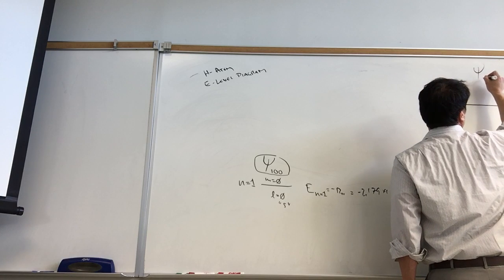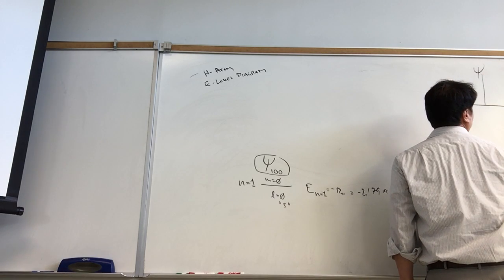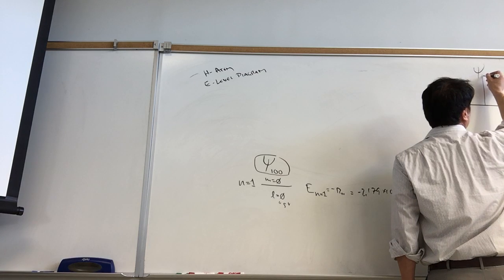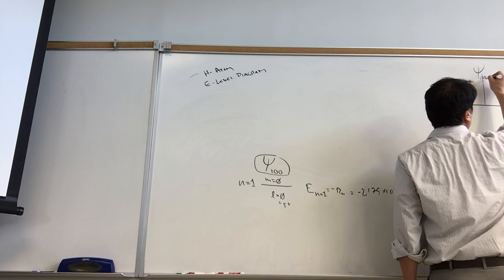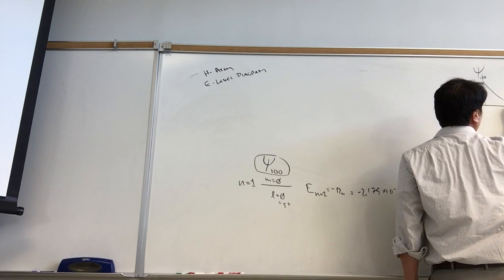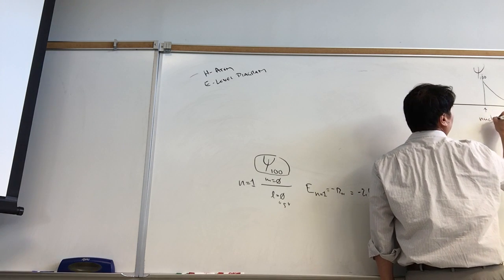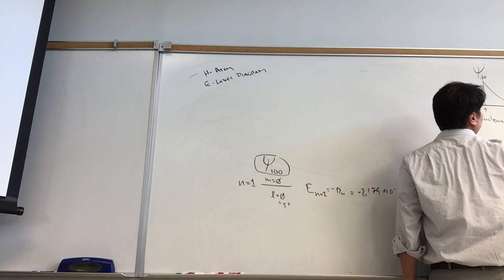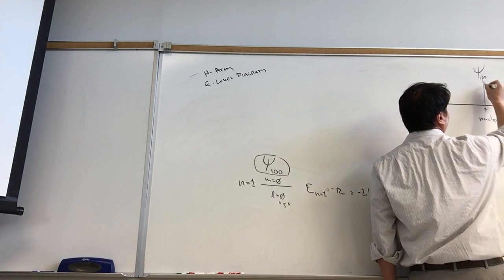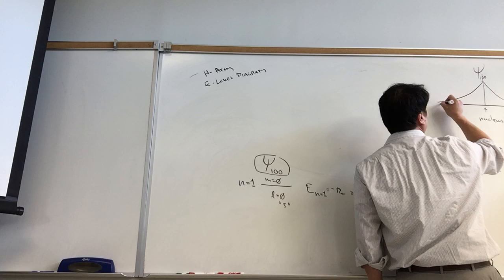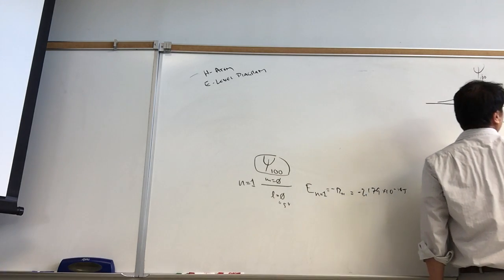We make a plot of psi, and then we look. Psi for the 100 wave function looks like this, where this is going to be the nucleus here. And this is the distance from the nucleus here. So there's kind of a peak here, and it drops off. That's what the wave function looks like.